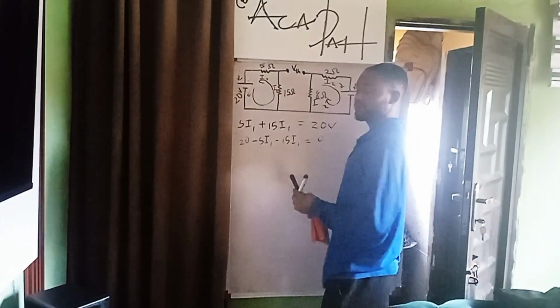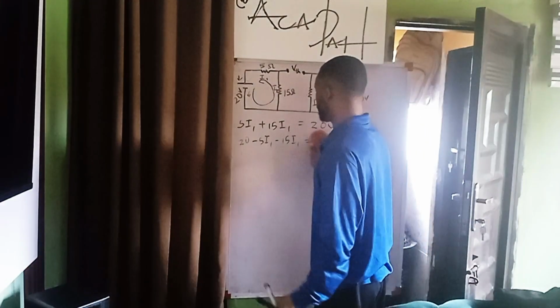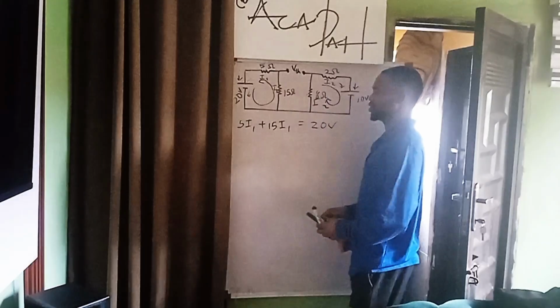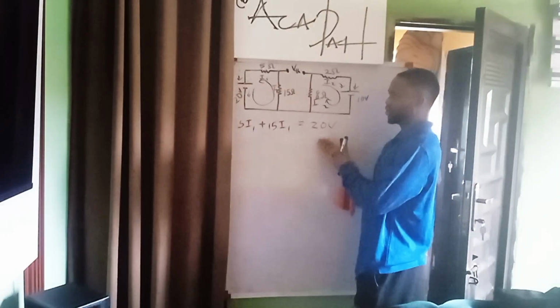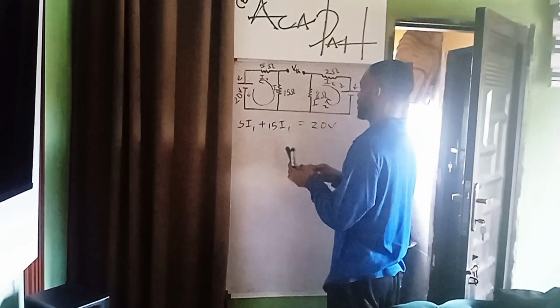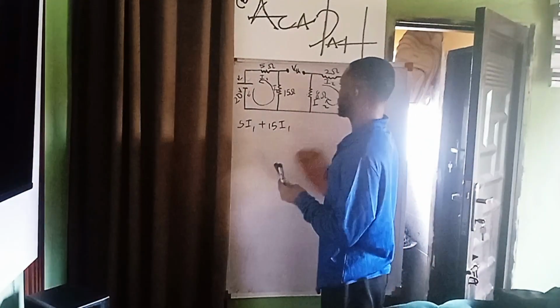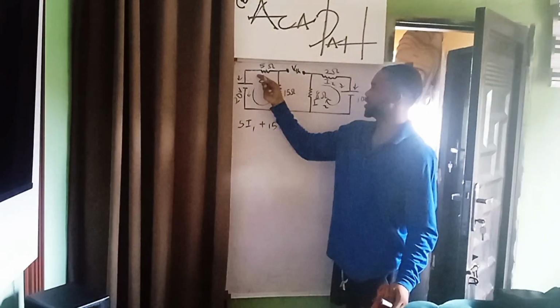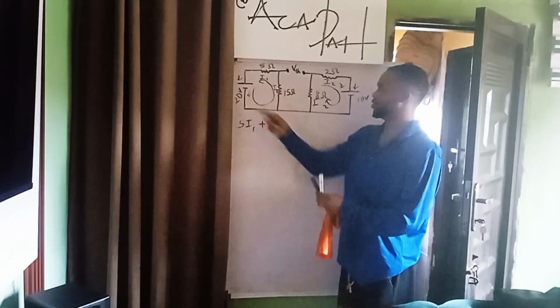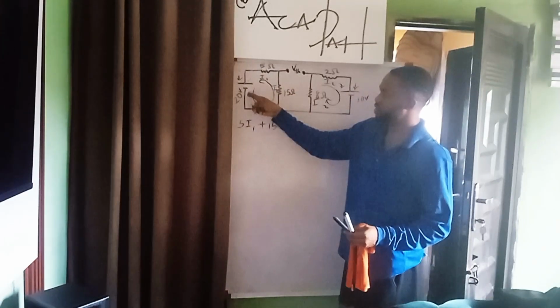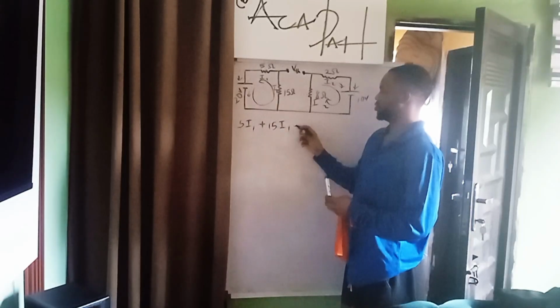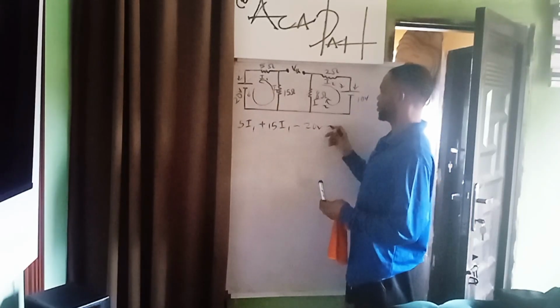But for the fact that we've learned this properly using nodal analysis, I want us to always focus on it like this: the whole current equals the voltage. Since you are summing up the whole current inside here, then minus the voltage, because the voltage is leaving through the negative part, so minus 20V equals 0.